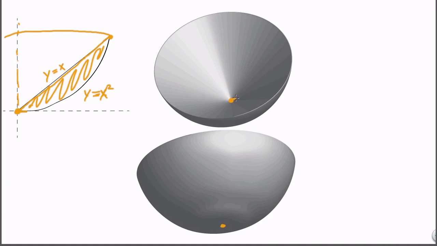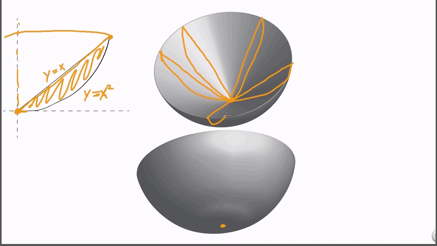You know, here's one of my representative cross sections. So again, just like with the disc, anywhere I look, I can draw one of my representative cross sections in here. So you can see that if you cut this bowl with a saw or something, no matter where you cut it, you're going to get a flat top surface with these sort of curved bottom surfaces.